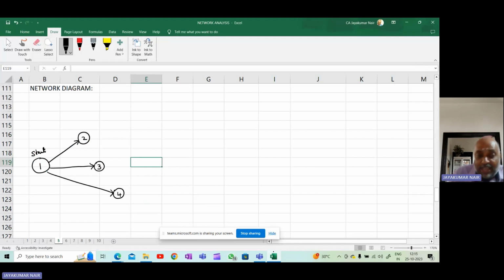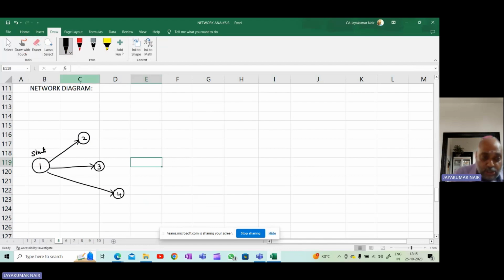This is 2, so 3 cannot come before this. You cannot draw it in this way. This is 1, this one is 2 and this is 3. This way of drawing the network diagram is wrong because 3 should be a little more forward than 2. So when you draw the network diagram, see that this rule is followed.